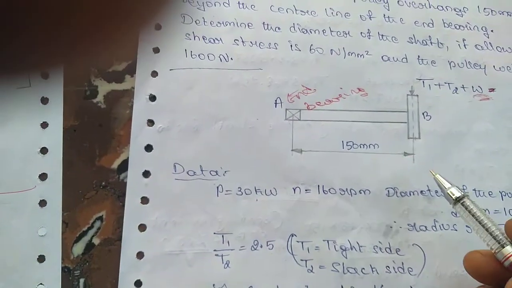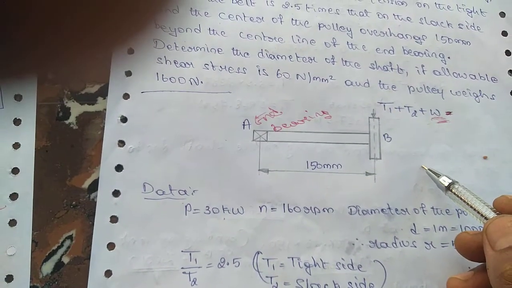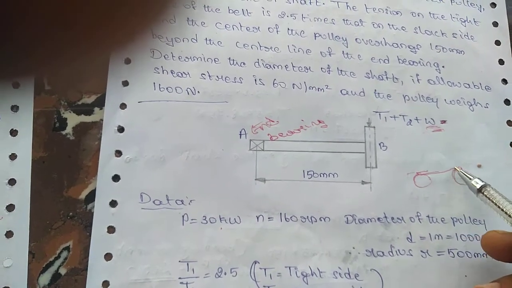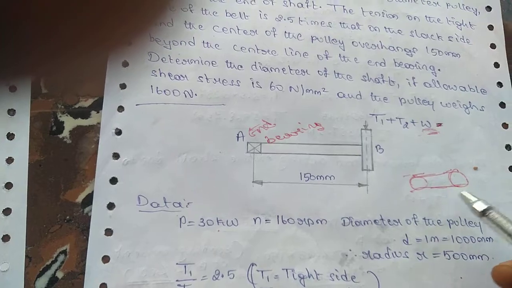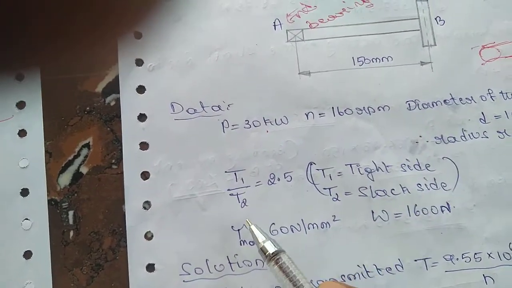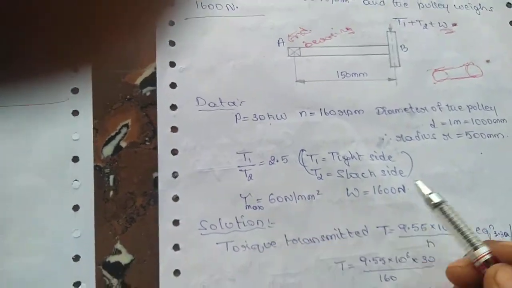You might know the smaller side and bigger side. This is the slack side and this is the tight side. So the tight side to slack side ratio is given. So tau max it is.